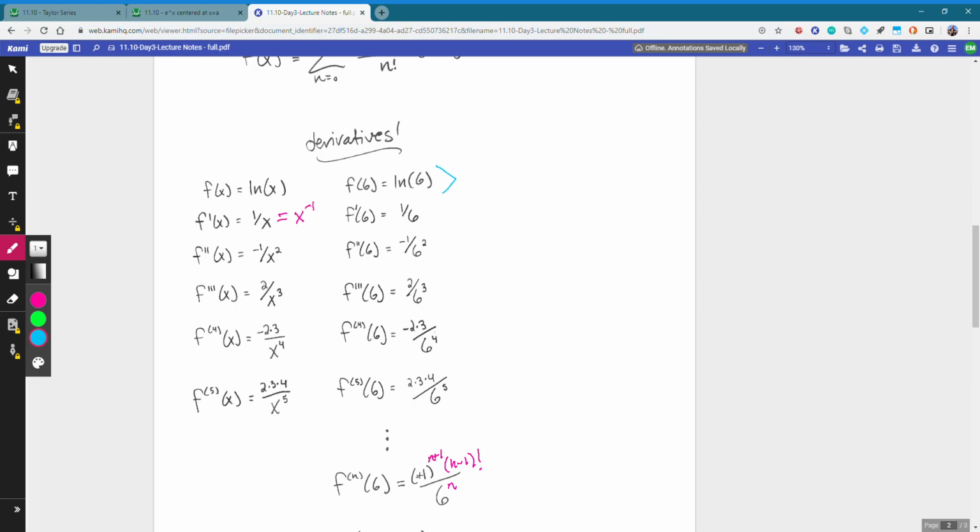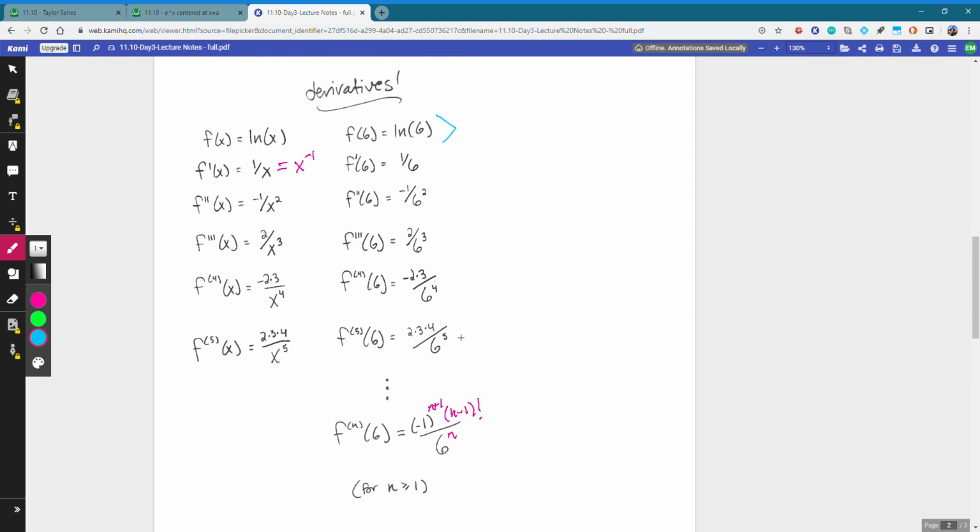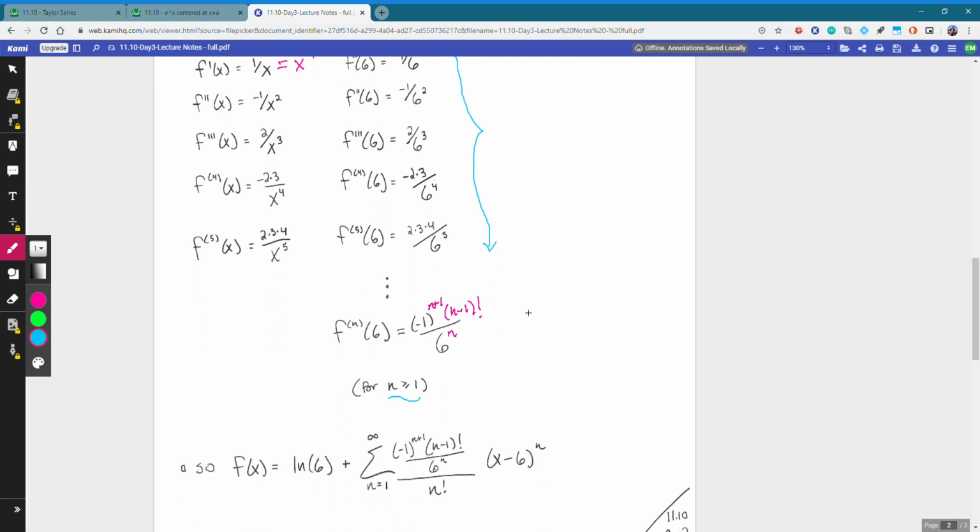Since this is only the pattern for n bigger than or equal to 1, for these terms and continuing forevermore, what we need to do is take this oddball, the 0th term, and let that hang out by itself, and then we can capture the rest of this in our summation notation. So what that looks like is like this.